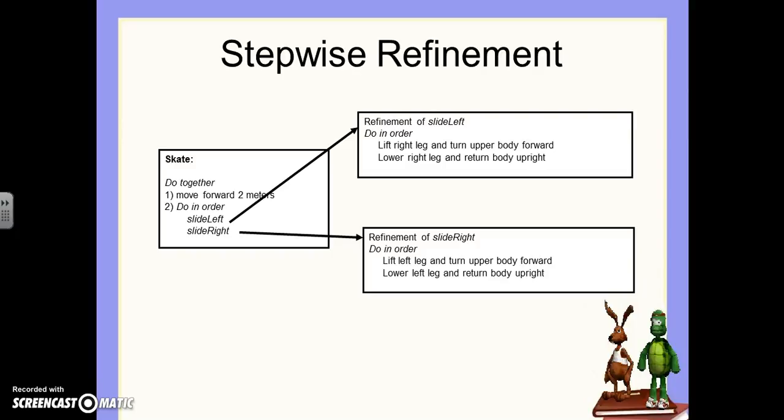So the refinement of slide left is do in order: lift right leg and upper body, move forward, lower right leg and return the body to upright. So that's the slide left. Then slide right is: lift left leg and upper body, move forward, and then lower left leg and return body to upright. So those are the two methods which are going to apply to the class of object.